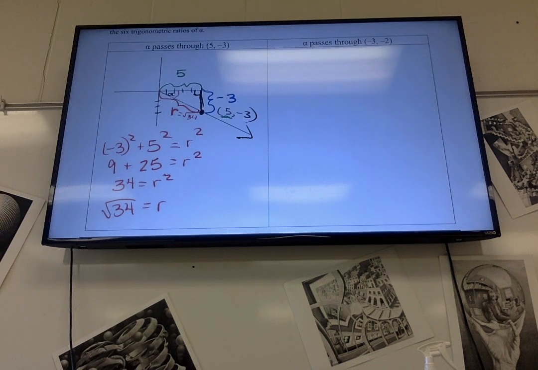So here's angle alpha. I have the opposite side. Of course, R is the hypotenuse, and that makes 5 the adjacent. So now using all that, we can find the sine, cosine, tangent, cosecant, secant, and cotangent.